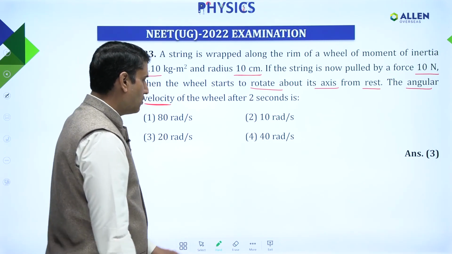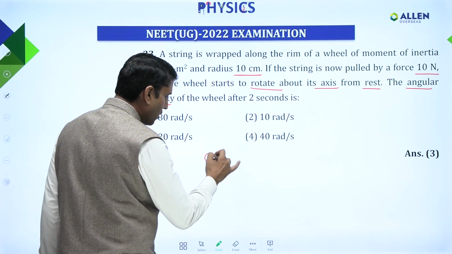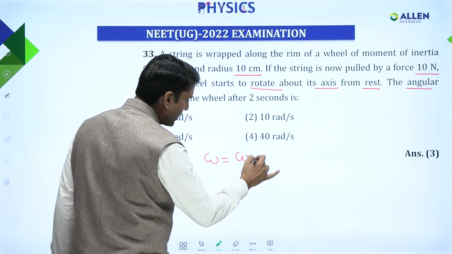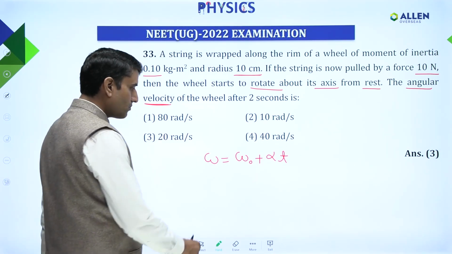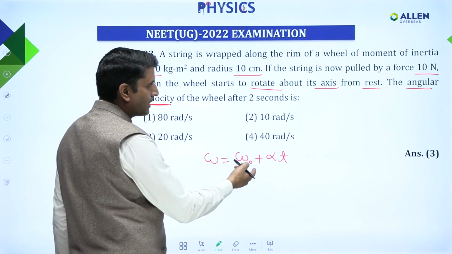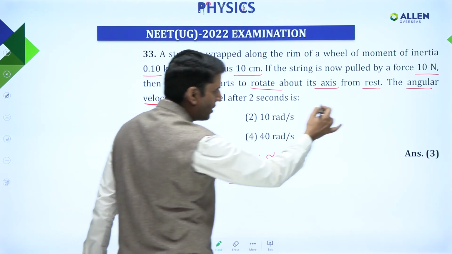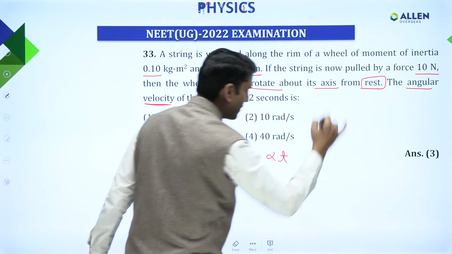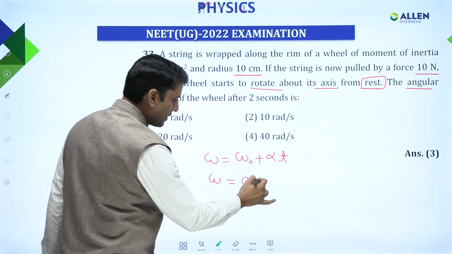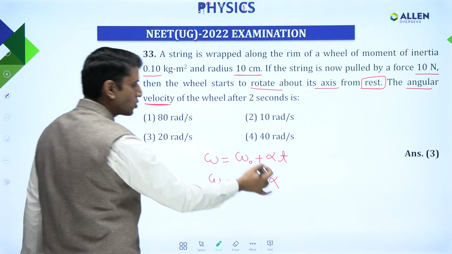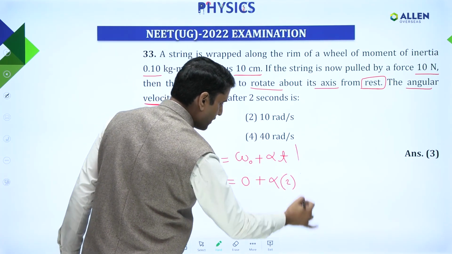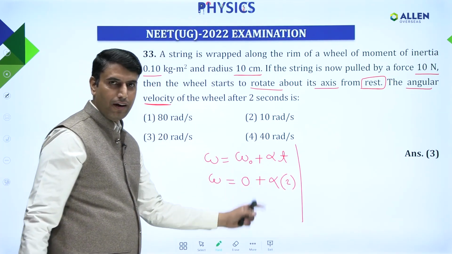So we can apply this formula: omega is equal to omega naught plus alpha t. Omega naught is 0, because it started from rest. Alpha we will see. T, time, is 2 seconds. Now we will find out alpha.